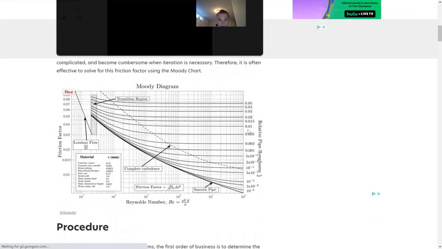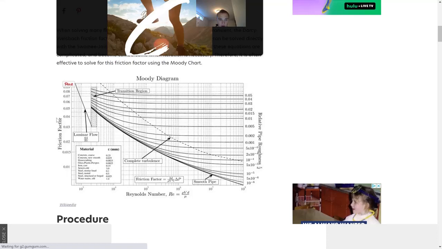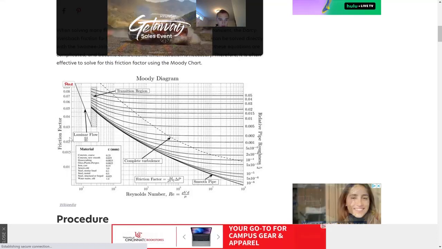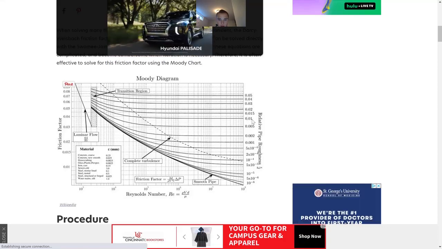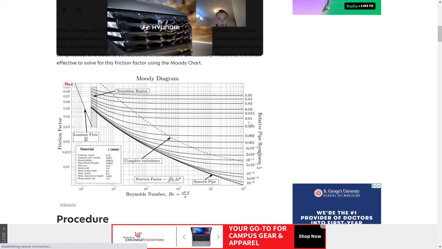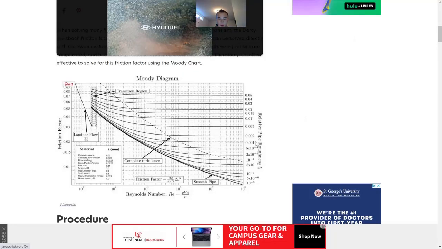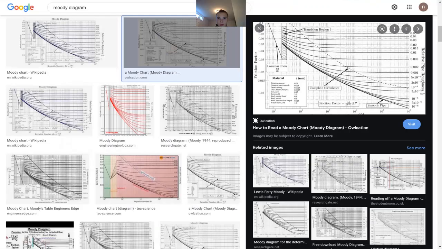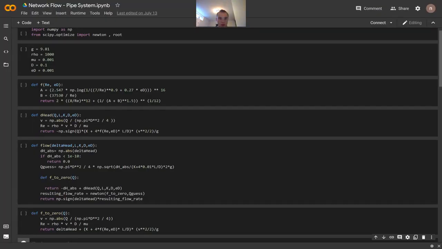Okay, so you can see over here our friction factor is only in a small range of values. So if we pick a value close to the center, in this case 0.01, this will allow us to have a good initial guess for Q if we put all of these numbers in terms of our flow. So that's why we can make an initial guess for the Fanning friction factor in order to drive our Bernoulli equation to 0.